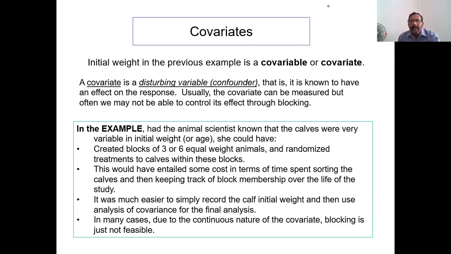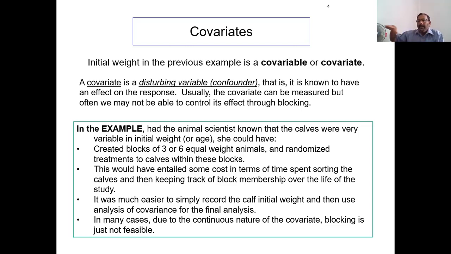That is, it is known to have an effect on the response. Usually the covariate can be measured, but often we may not be able to control its effect through blocking. So this is a problem. So we cannot control the covariate through blocking. Gradient, non-gradient system of variation.